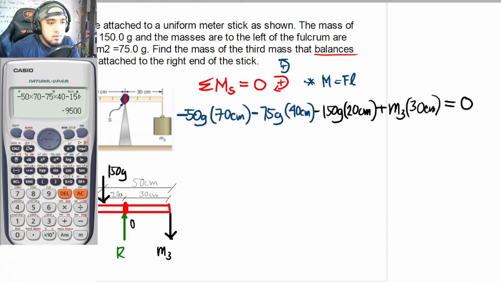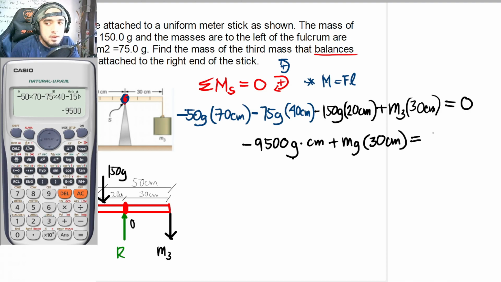So this is equal to negative 9,500 gram cm. As you can see with the units, it is not Newton meter as described earlier, that is to be the default unit for our moment. This is because I did not convert. Okay, plus M3 times 30 cm, and this is equal to 0.